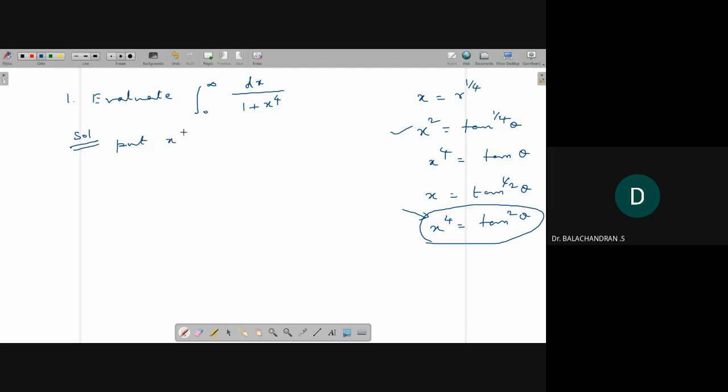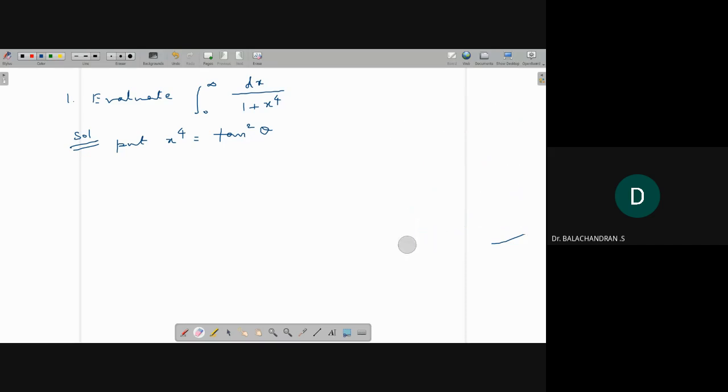So put x power 4 equal to tan square theta. Now from this, x square equals tan theta.